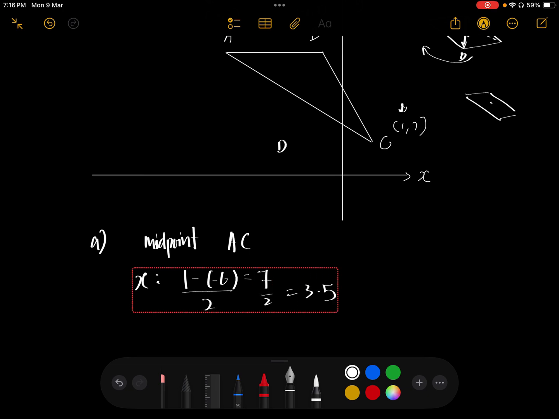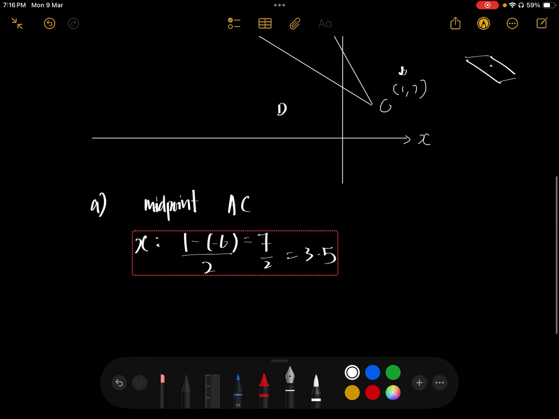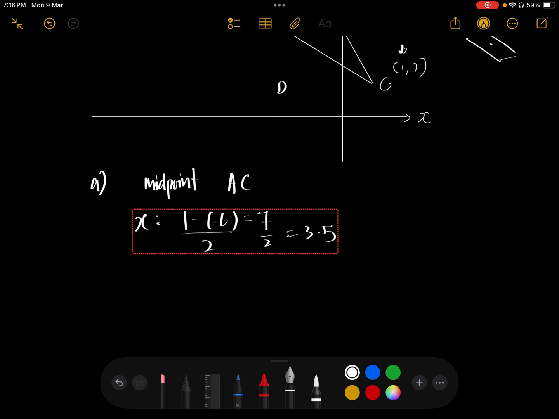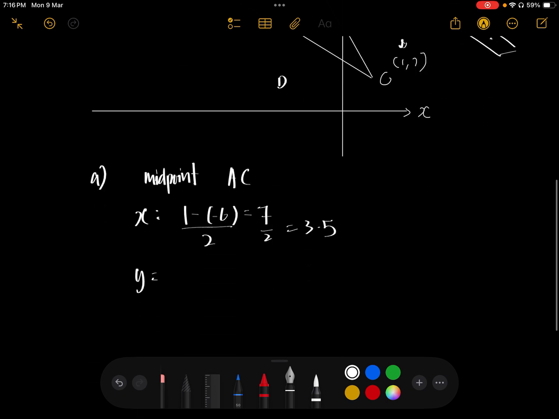Next, let's look at our height. Y will be 7 plus 1, over 2, so you will have 6 over 2, which is 3.